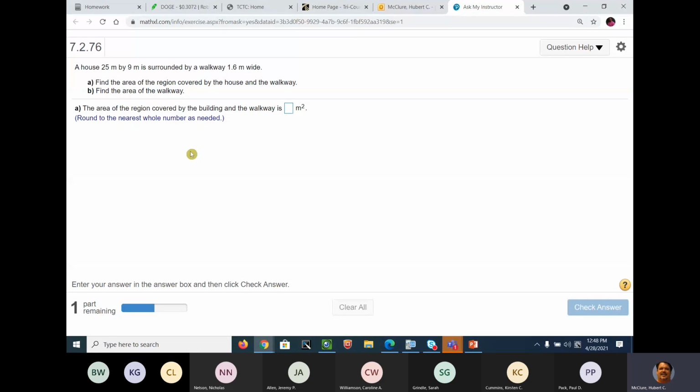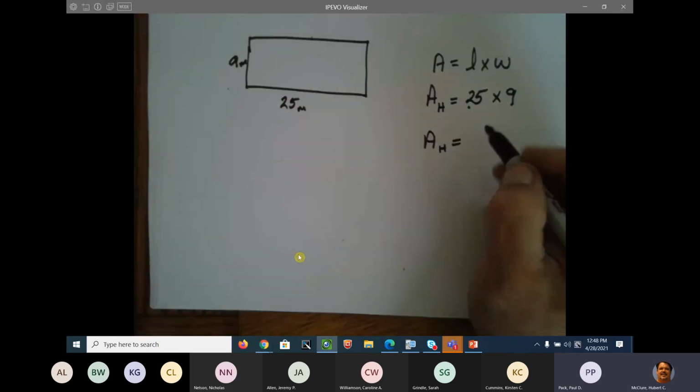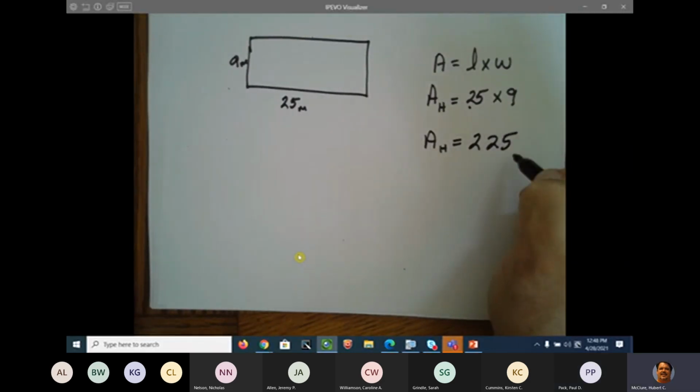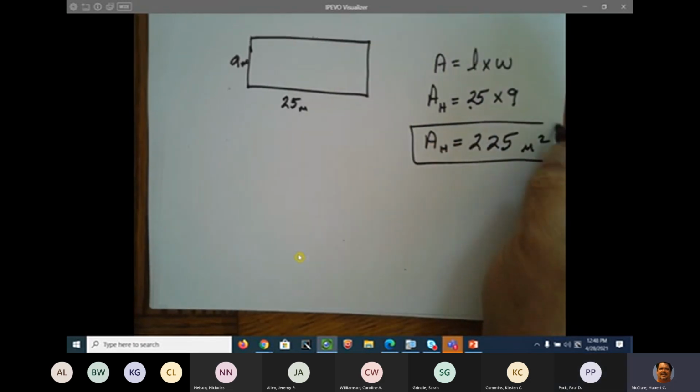What's 9 quarters? 225, isn't it? No, I thought it was 216. Wait, hold up. 9 quarters. Yeah, 225. Yeah, $2.25. So the house takes up 225 square meters.